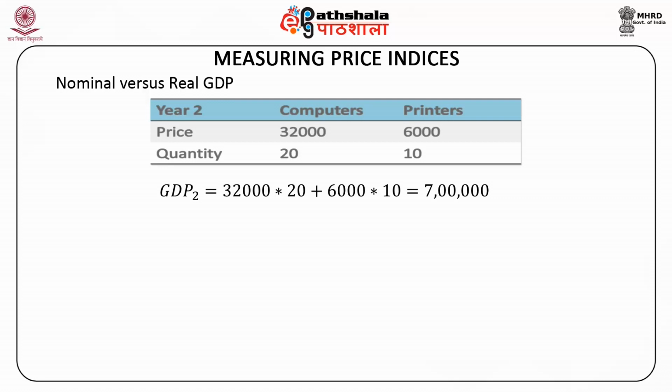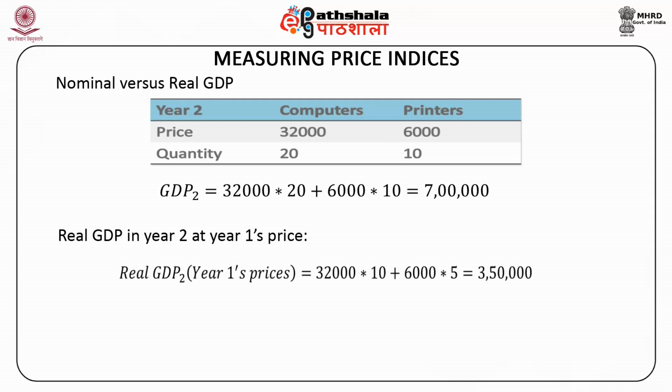To estimate the increase in physical production from year 1 to year 2, we compute the real GDP in year 2 at year 1's price. Therefore, the real GDP in year 2 will be equal to 32,000 multiplied by 10 plus 6,000 multiplied by 5, which is equal to 3,20,000 plus 30,000, that is 3,50,000 rupees.